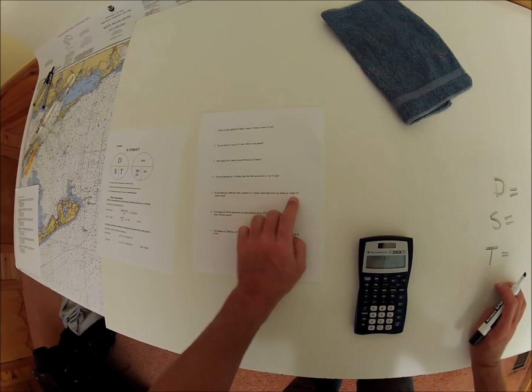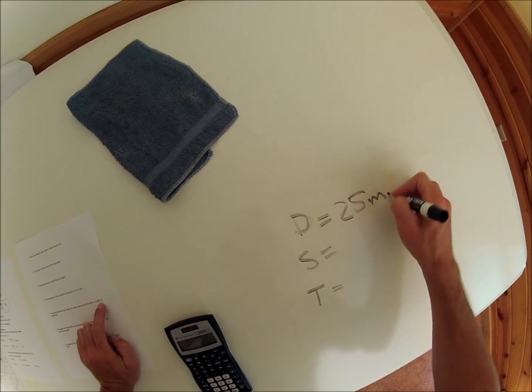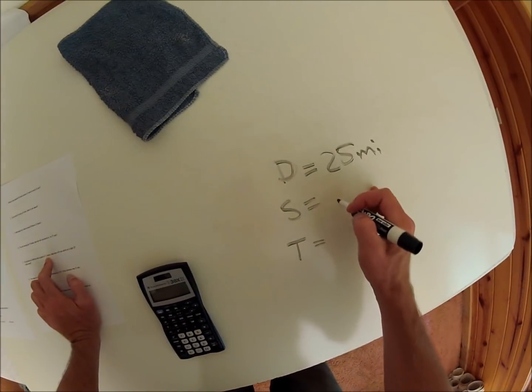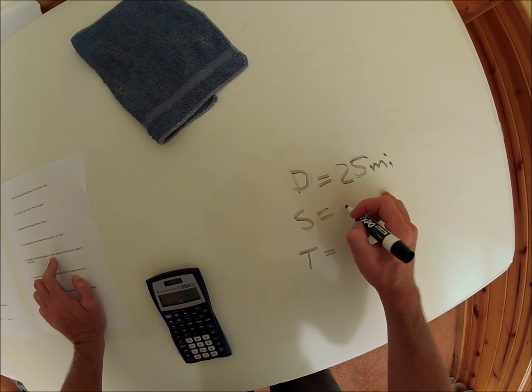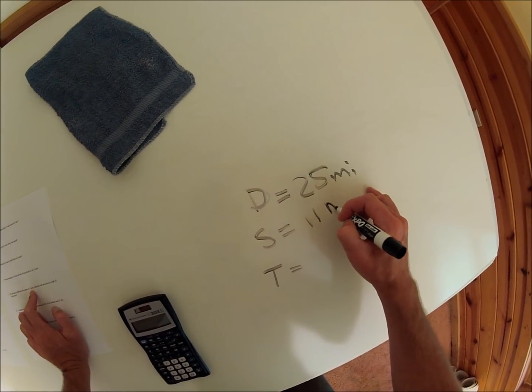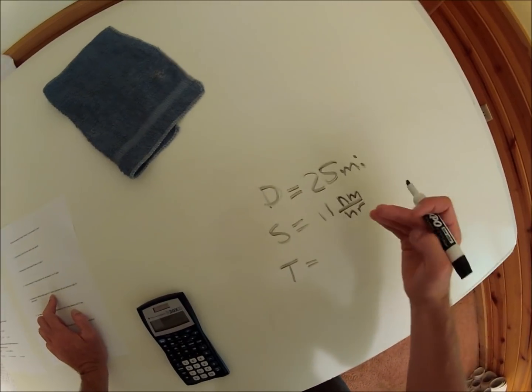What time will you arrive? A light 25 miles away. Our distance is 25 miles. Our speed is 11 knots, 11 nautical miles per hour. I like to write nautical miles per hour because that's what knots really are.